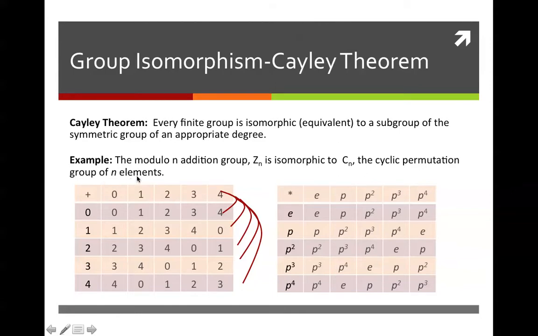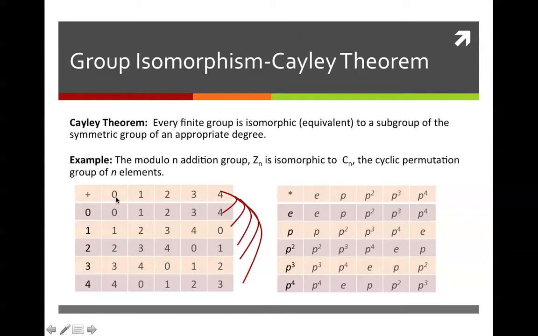on n elements. And the isomorphism is actually generated, this is why Cayley's theorem is so powerful, by way of taking the first row, which is this one here, with each of the remaining rows as you construct your permutation.